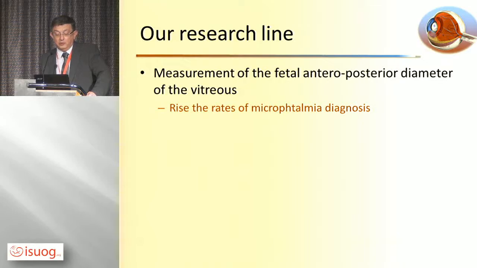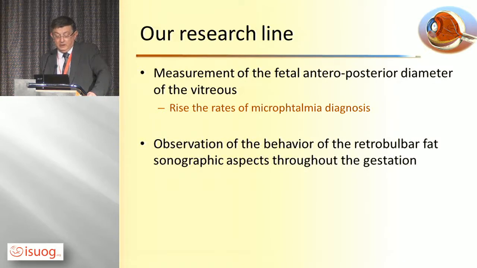We would like to continue by measuring the anterior-posterior diameter of the vitreous to improve our diagnostic capabilities in cases of microphthalmia. And at the same time, we are looking at the behavior of the retrobulbar fat, how it changes through pregnancy.